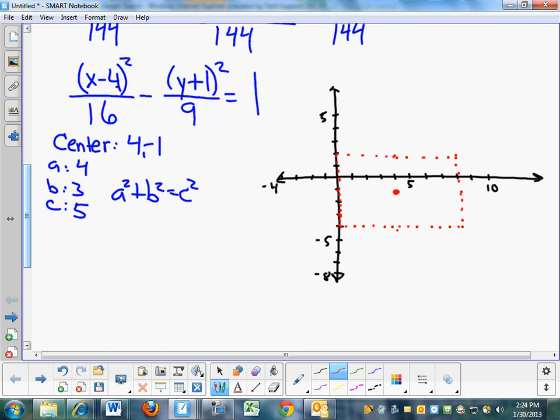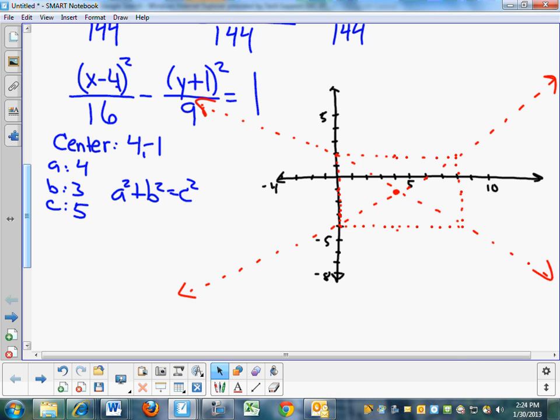Once I make my box, I can draw my asymptotes. The vertices, will they go on top and bottom of the box or on the sides of the box?